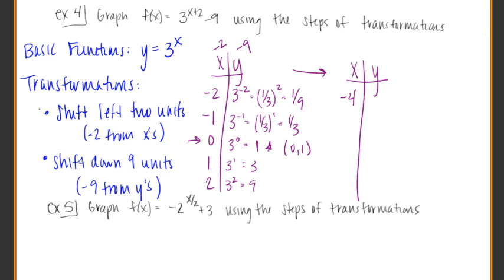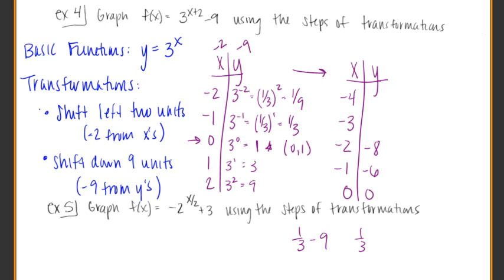So negative 4, negative 3, negative 2, negative 1, and 0. And then I'm going to subtract 9. Obviously, it's going to be easier to start from the bottom up. 9 minus 9 is 0. 3 minus 9 is negative 6. And 1 minus 9 is negative 8. So now let's think about this. 1/3 minus 9.